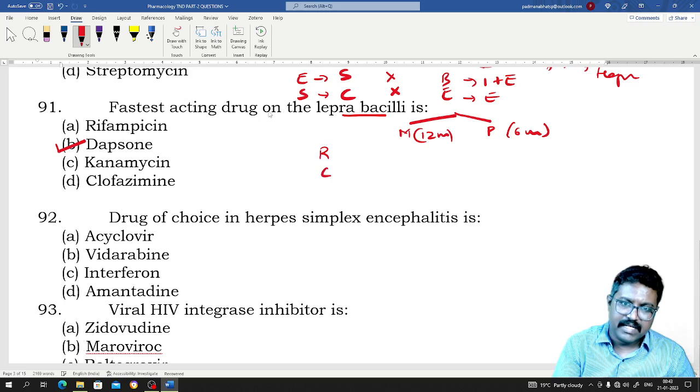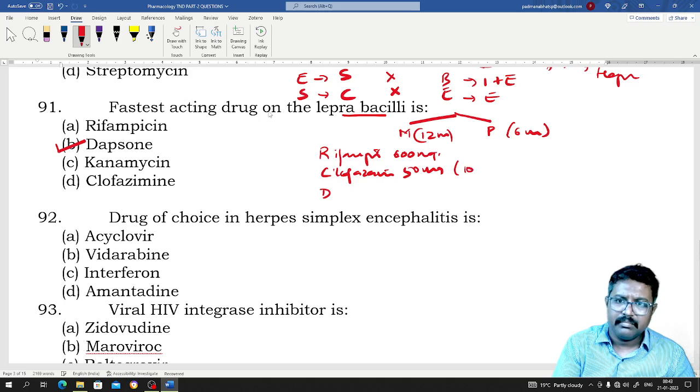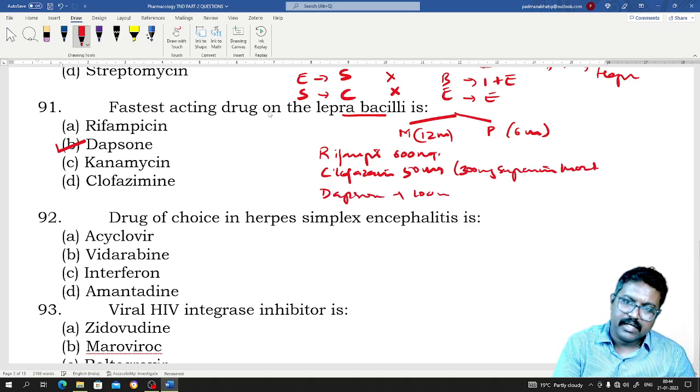So you can remember it as RCD, rifampicin 600 milligram daily, and you have clofazimine 50 milligram daily, and the 300 milligram under supervision monthly, and you have dapsone which is 100 milligram daily.